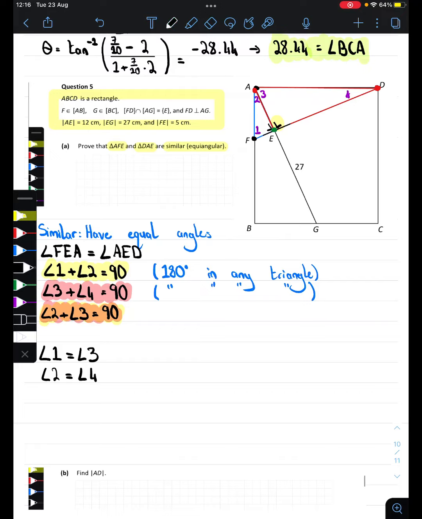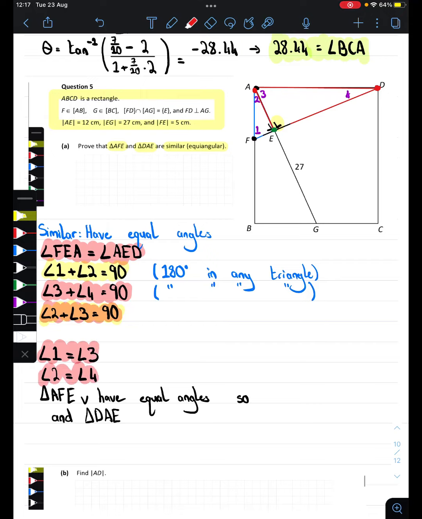So AFE and DAE have equal angles: equal angle 1, equal angle 2, equal angle 3. So they are similar.